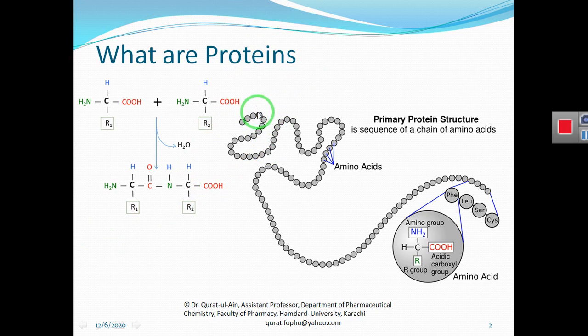Means if the enzyme breaks this polypeptide chain from here, three amino acids will be removed from this polypeptide, and these three amino acids, 1, 2, and 3, would be joined with each other through two peptide bonds. So we will have at the end a tripeptide.